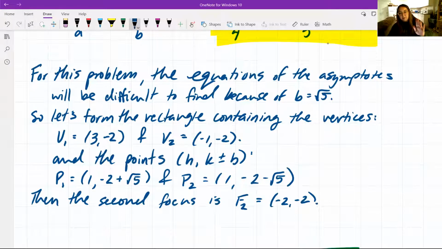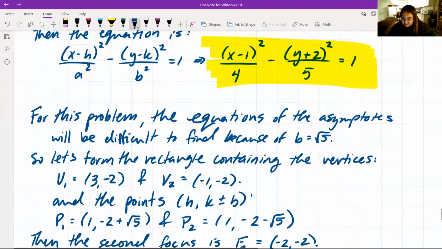All right, so we found values of our foci, our vertices. We have the points on this rectangle that we're drawing out. So let's go ahead and fill these in.